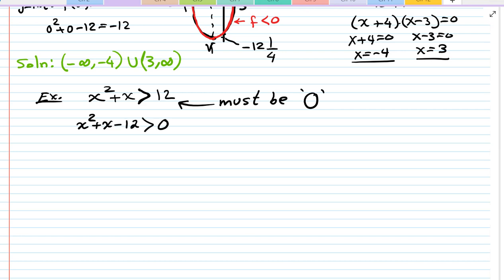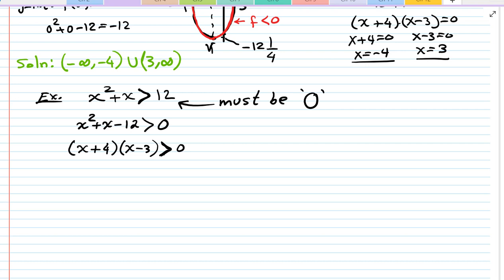There you go. Now it is 0. That's number one. Number two, the function must be in factored form. The factored form of this is going to be x plus 4 times x minus 3. So we have both of those in place: 0 on the right, factored form on the left.